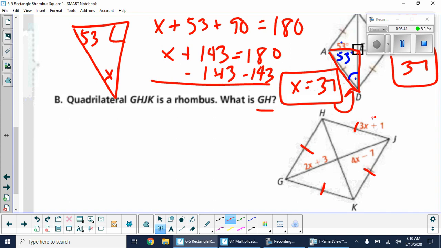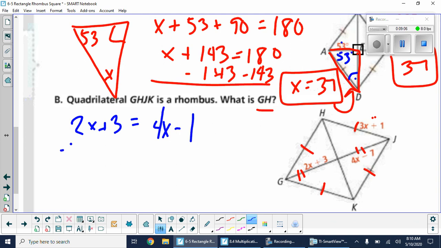We're not going to use this yet. What we're going to start off with is we know that this part of the diagonal is equal to that part of the diagonal. So we're going to go 2x plus 3 equals 4x minus 1.